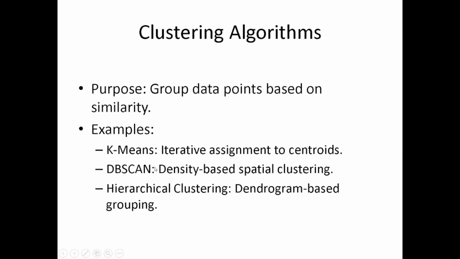DBSCAN focuses on density, forming clusters of arbitrary shape, which is particularly useful in irregular datasets. Finally, hierarchical clustering uses dendrograms to create nested groupings, giving us a detailed view of the data structure. So its short description is dendrogram-based grouping.